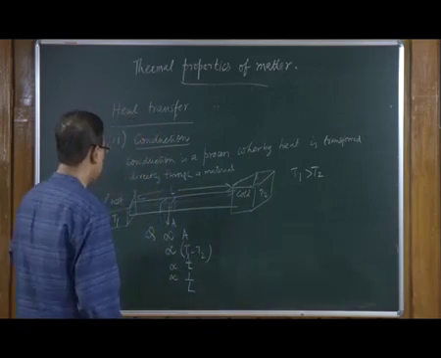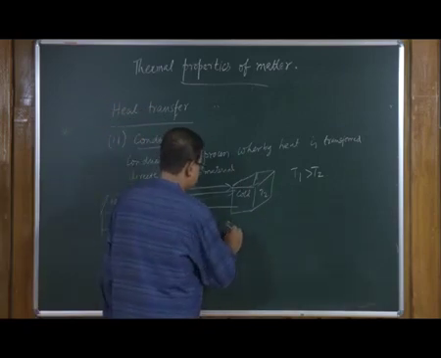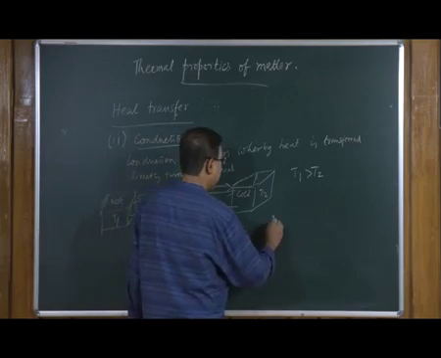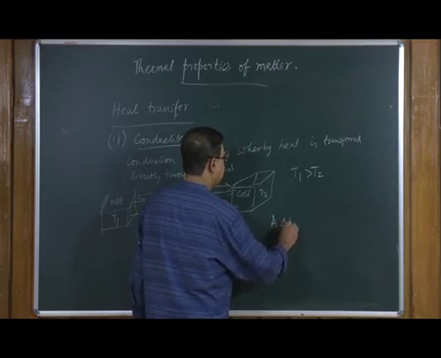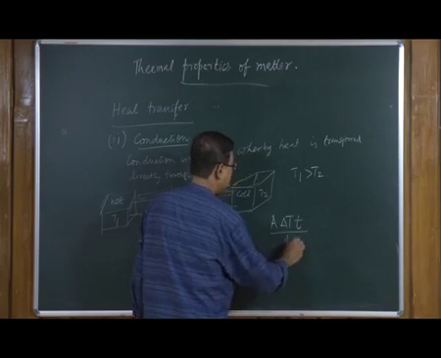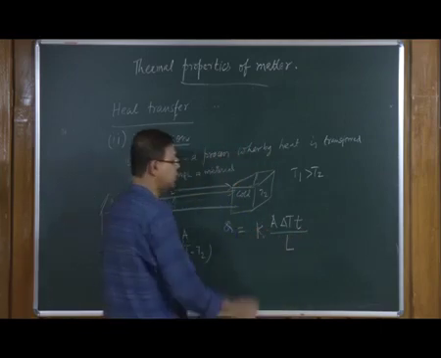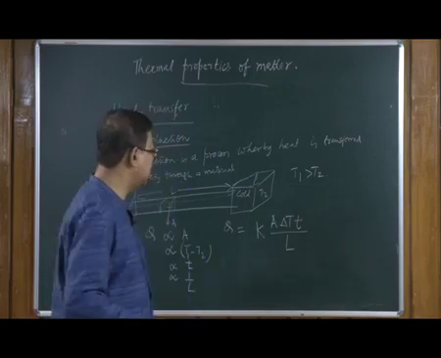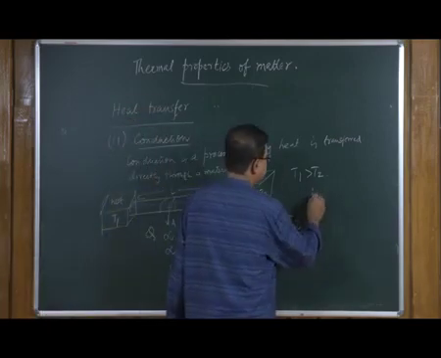And if we put everything together, Q is equal to A delta T t by L, and we have to put a proportionality constant, which is put as capital K, and K is known as thermal conductivity.